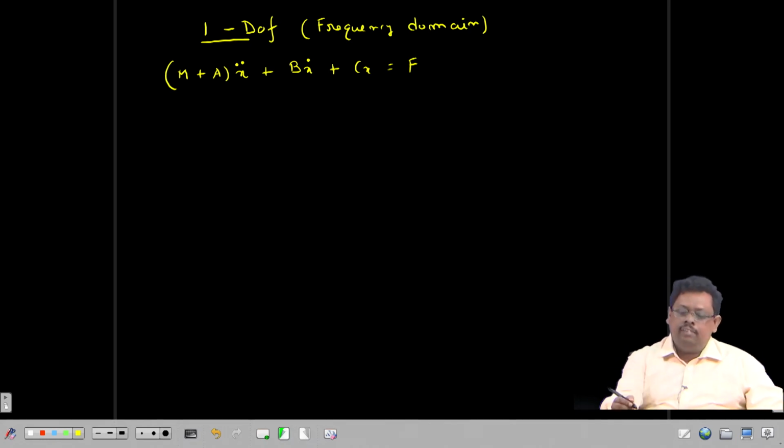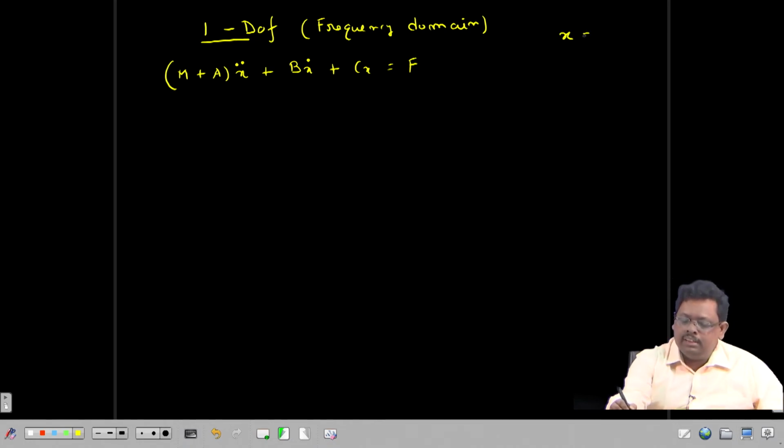Now, here I am assuming the motion x is harmonic. So, I can make this equal to some amplitude xi_a into cos of omega t.